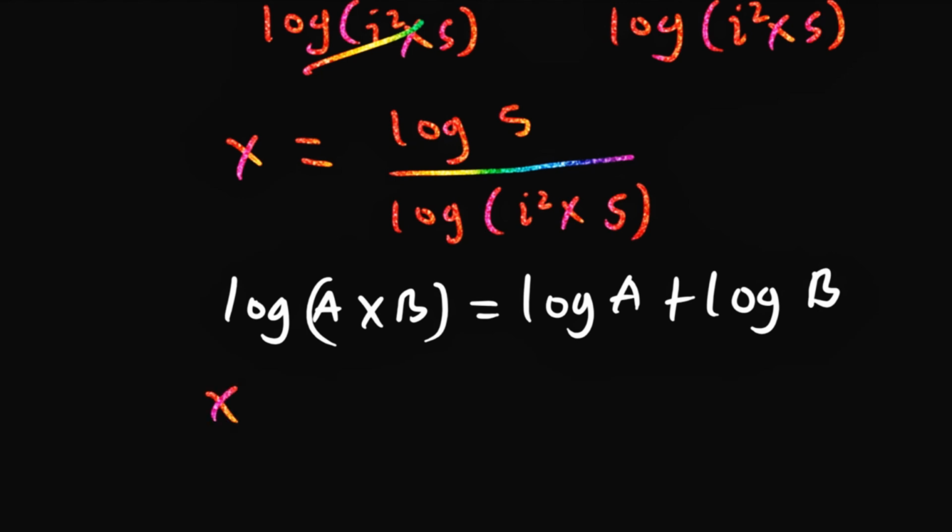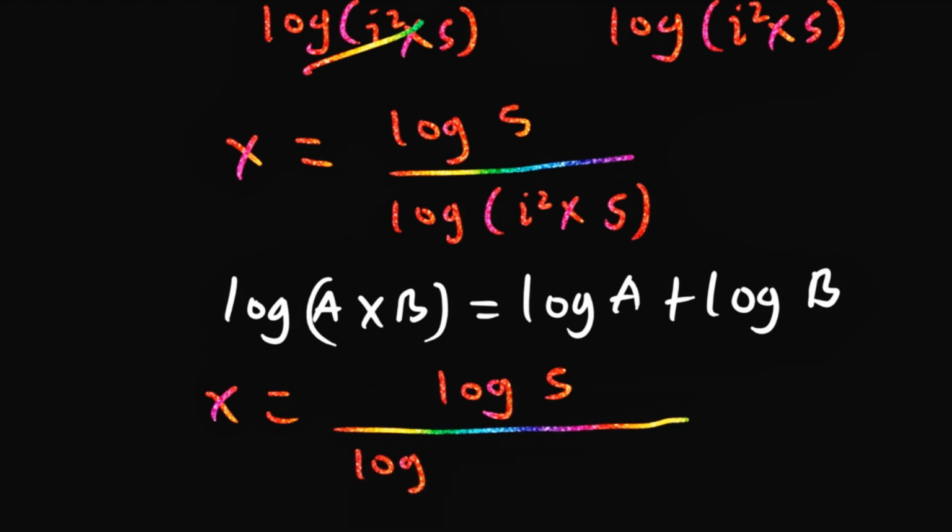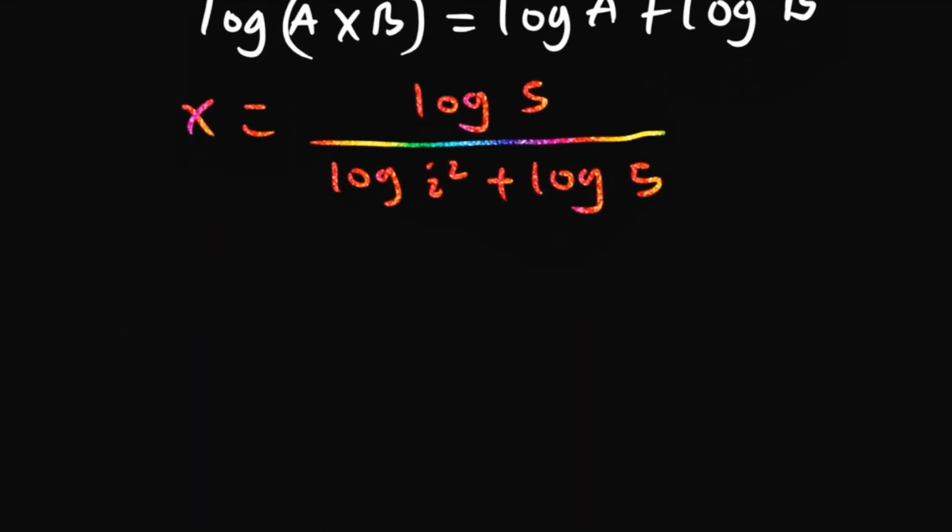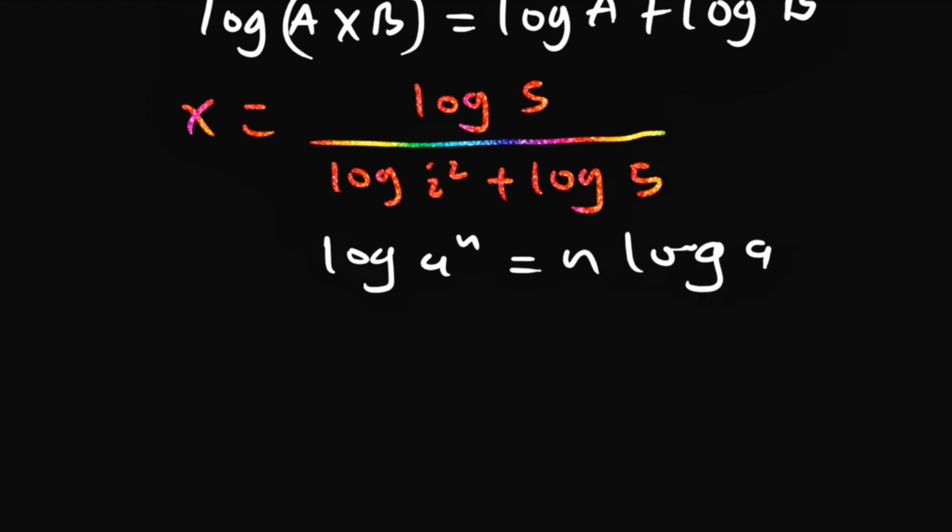So we're going to have x is equal to the log of 5 over log of i squared plus the log of 5. So again, we can still simplify this further using the third law that says that the log of a power n is the same as n times the log of a.